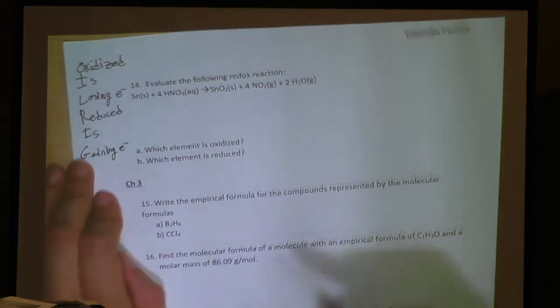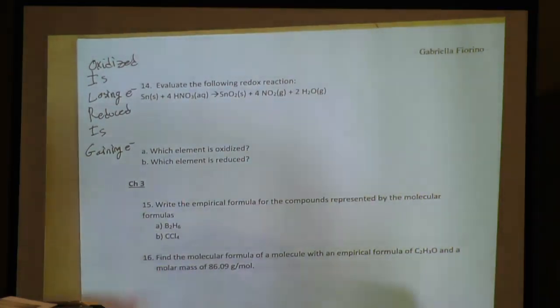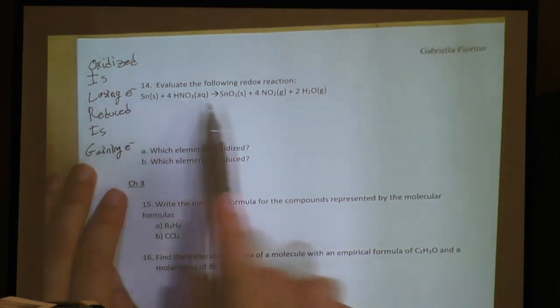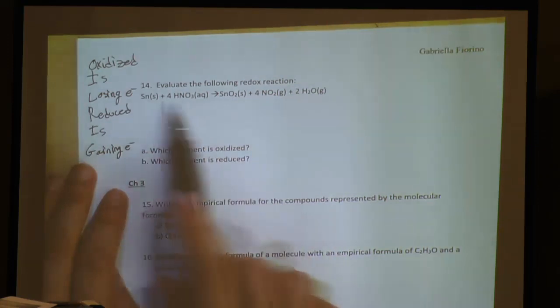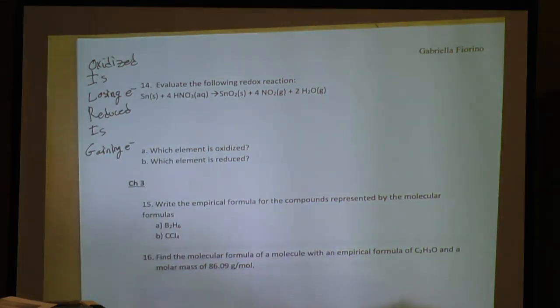So we want to find out what's oxidized and what's reduced in this problem. What are some rules that we need for redox reactions? We're going to go one by one, each compound or atom, and see what their oxidation state is.